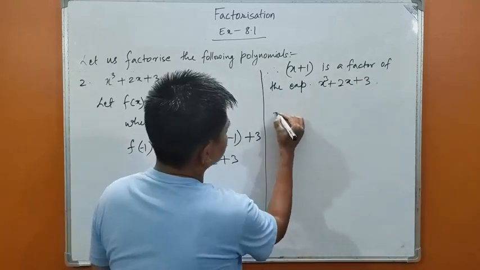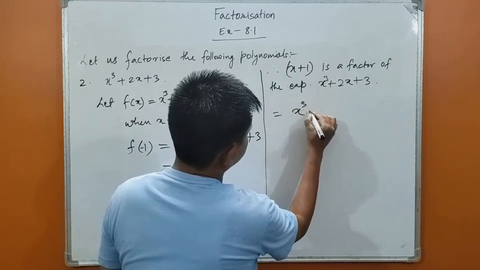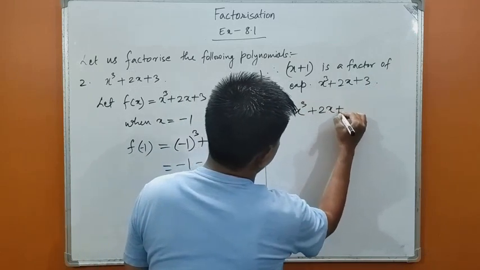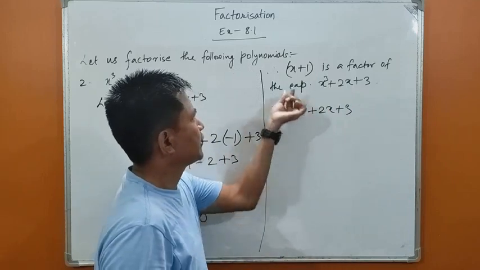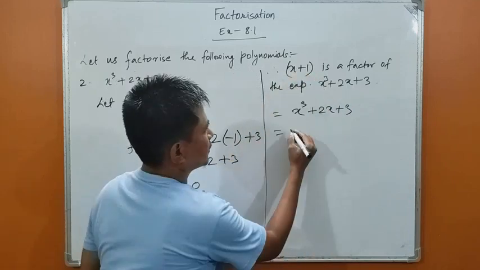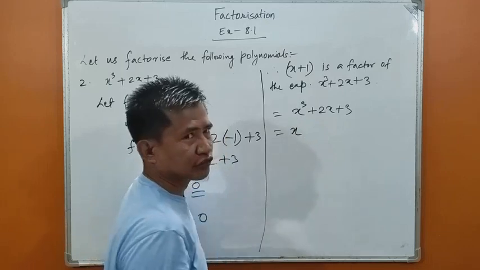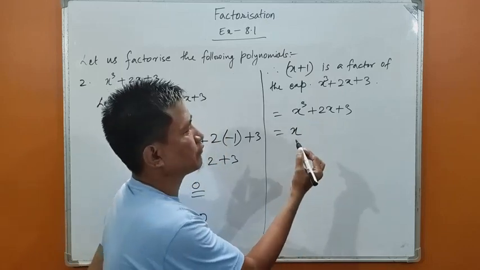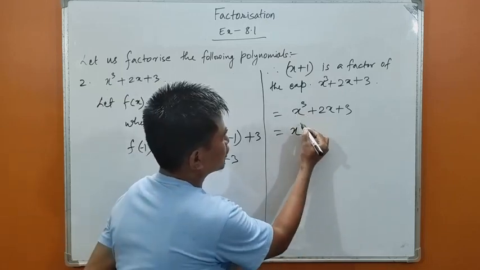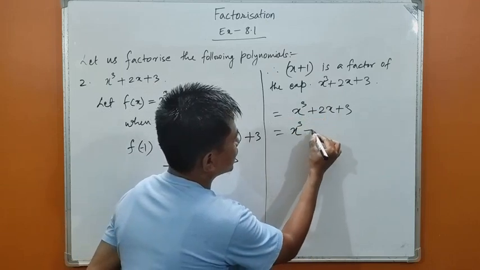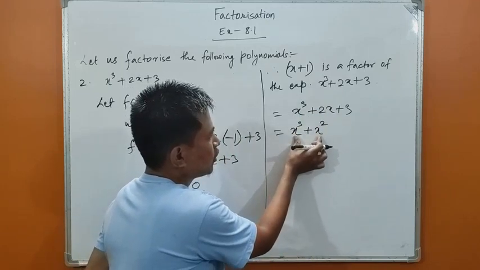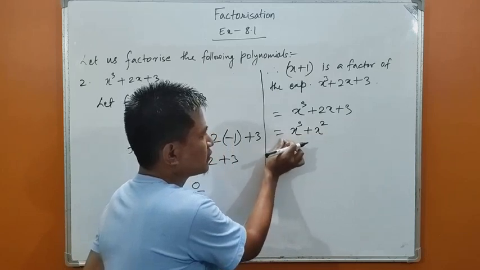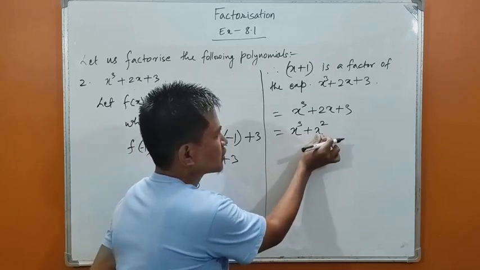Now we need to convert x cube plus 2x plus 3 in the form of x plus 1. What we do is we need x plus 1, isn't it? So please see the trick. This is not a trick, this is the simple concept. We have x cube, we need to put x square. Now from here, when we take x square common, this becomes x, and this becomes 1.